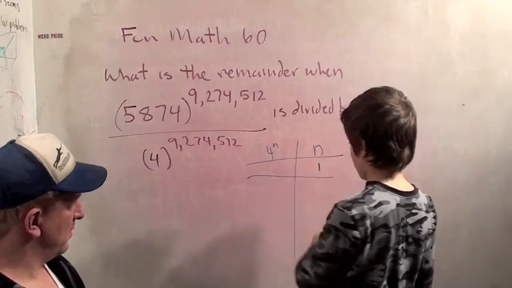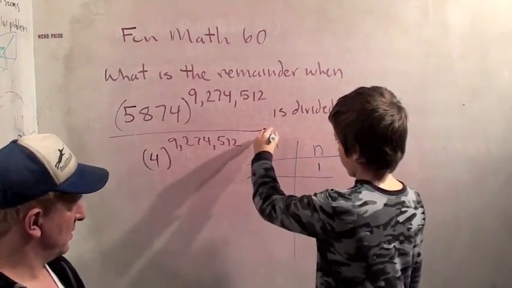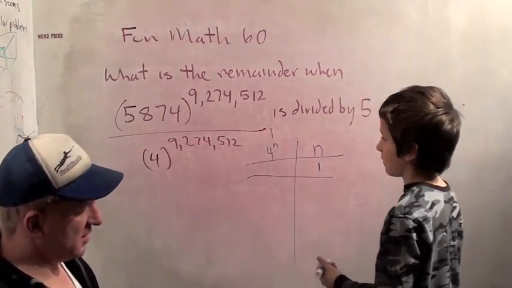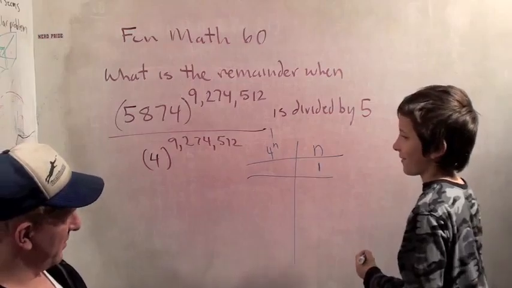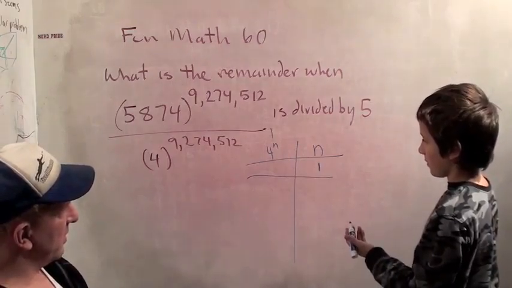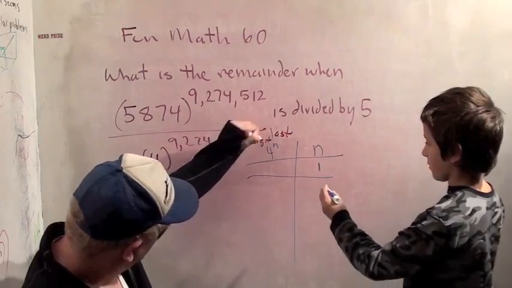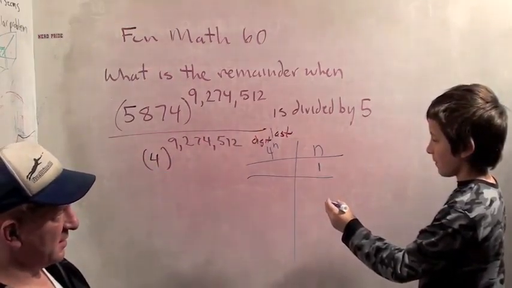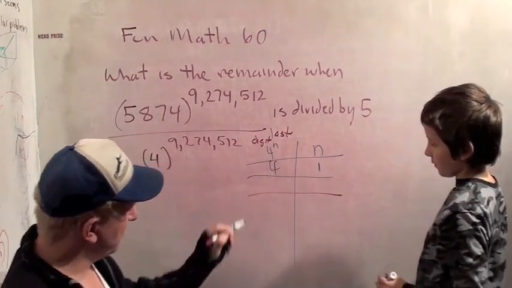We'll start at n equals 1, and we'll just record the last digit of 4 to the n. The last digit of 4 to the 1 is 4. What's the last digit of 4 squared?